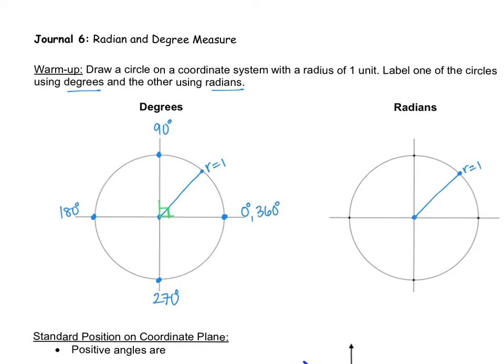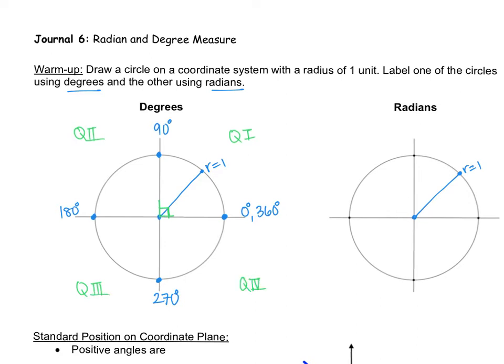So what I want you to start putting together is that each part of the coordinate system, or quadrant, so let's call this quadrant 1, is 90 degrees. If I go to the next quadrant, that's another 90 degrees, and then the next 90 degrees, and then another 90 degrees.